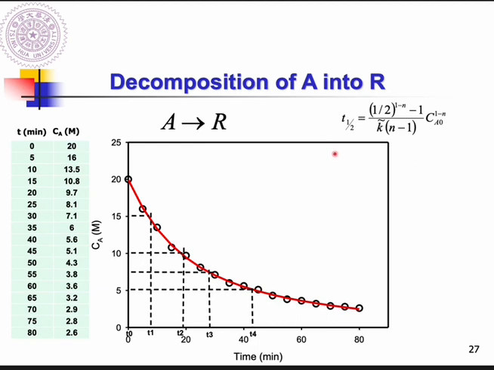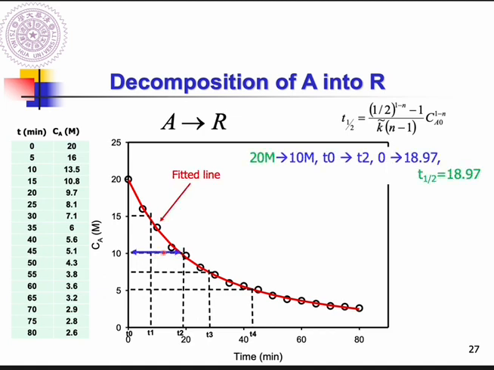As long as I confirm this, then I monitor the half-life time. The concentration Ca0 is 20, and when it dropped to 10, the time is 18.97.